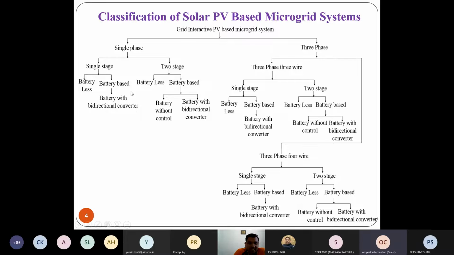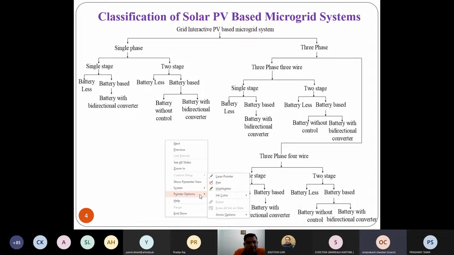In single stage, we cannot have a battery without control. However, in case of two-stage, it is further categorized into battery without control and battery with bidirectional converter. Why are we not having a single-stage system without control?